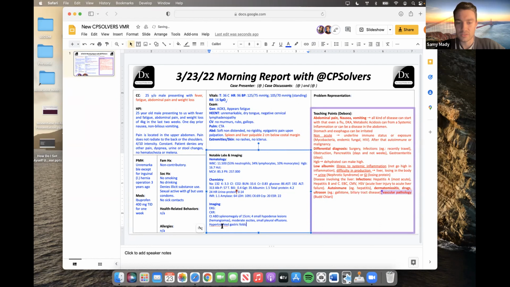For his viral serologies, hepatitis A virus IgG, IgM, anti-hepatitis B surface antigen, anti-hepatitis core antigen, and anti-hepatitis C virus antibody, and hepatitis C virus PCR were negative. EBV viral capsid antigen IgM was negative, IgG was positive.